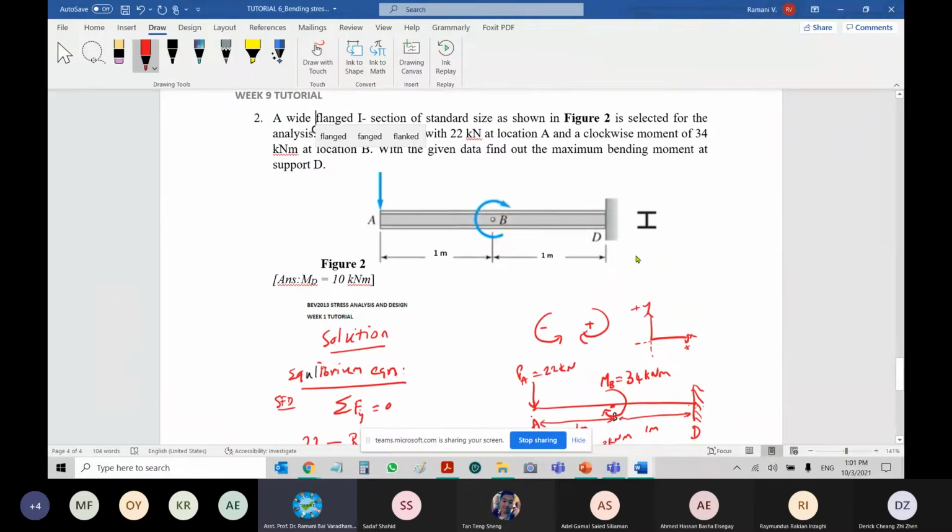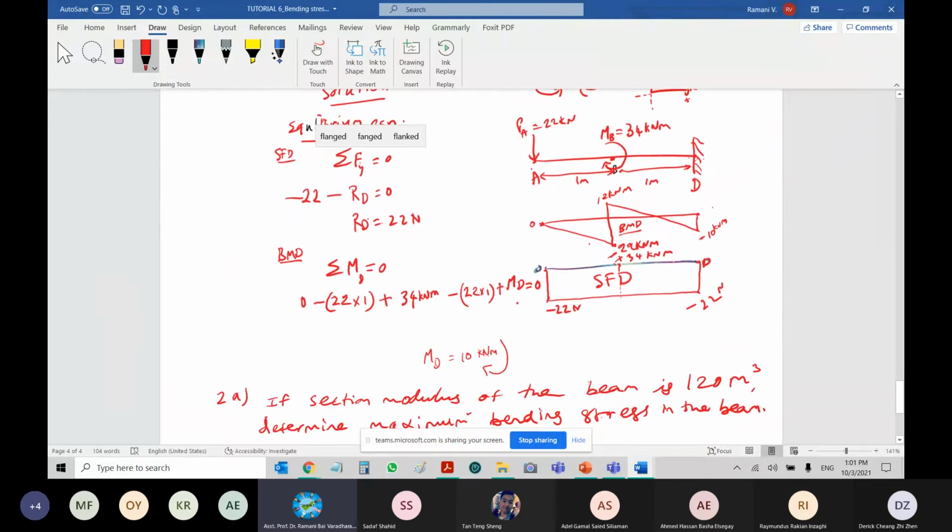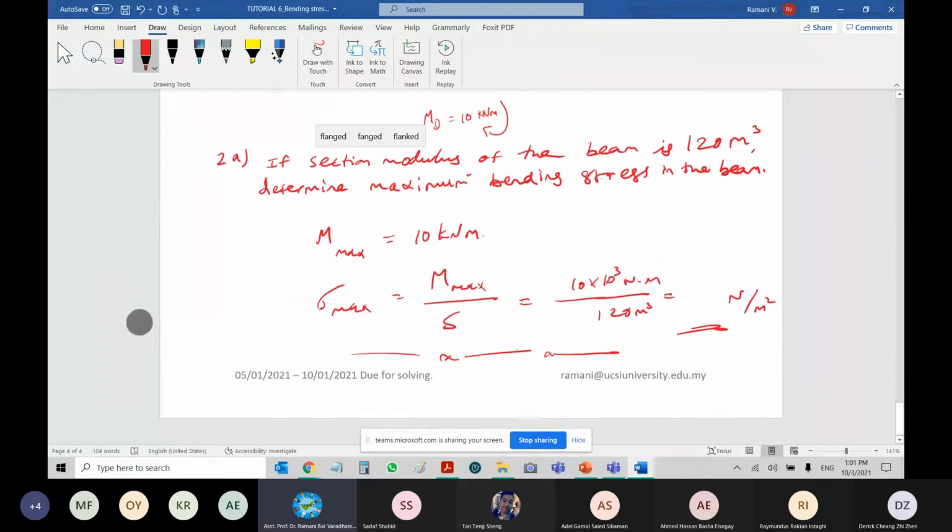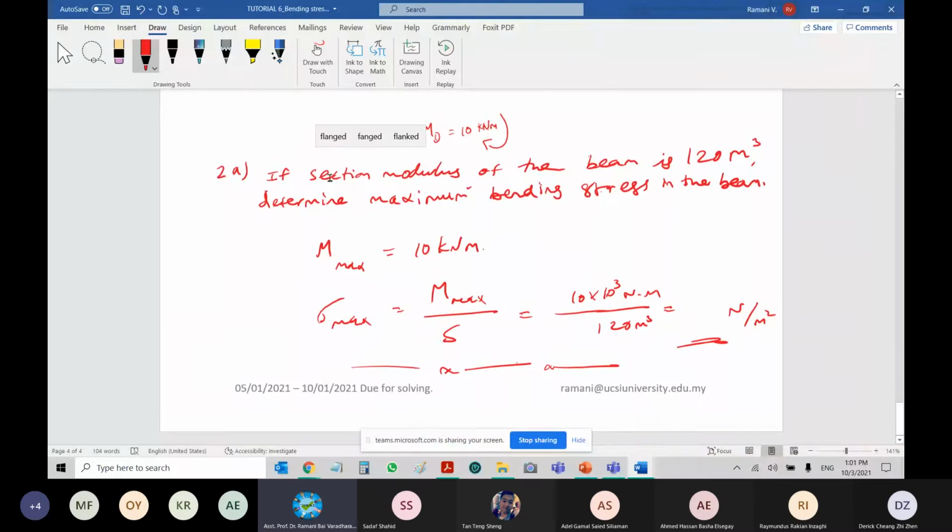The standard size you use is figure 2. And we also found out last time the shear force and bending moment diagrams, right? And then I just added this section. The sectional modulus of the beam is 120 meter cube. Determine the maximum bending stress in the beam, okay?